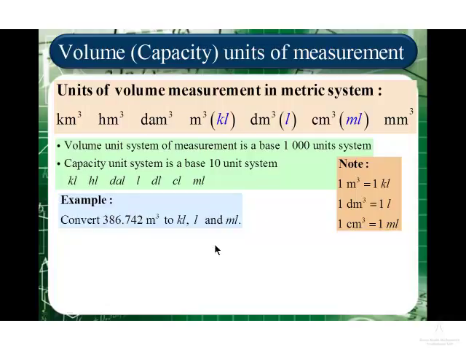For example, let us convert the following volume measurement, 386.742 cubic meters, to kiloliter, liter, and milliliter respectively.